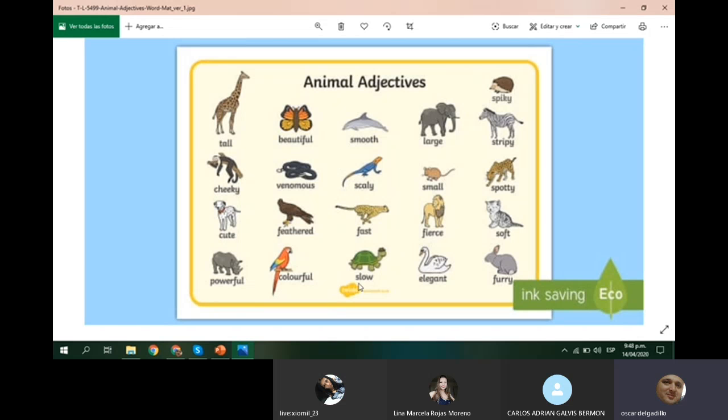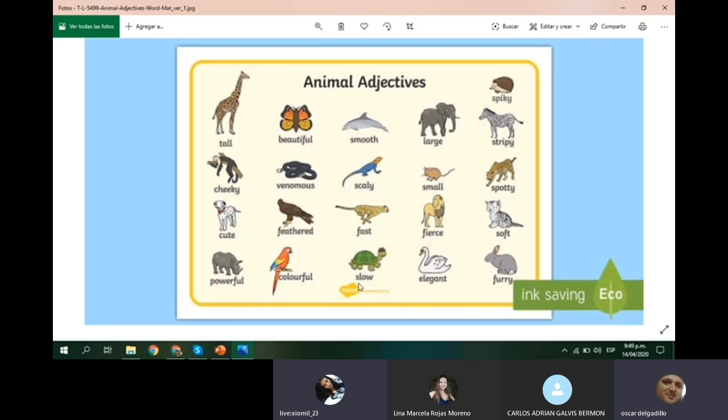Xiomara, can you continue, please? Okay, teacher. The giraffe is the tallest of all the animals. The snake is longer than the alligator.